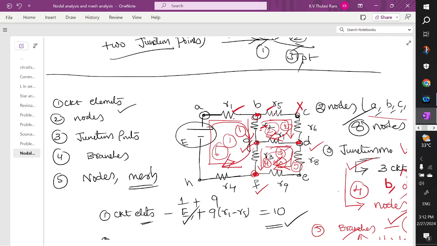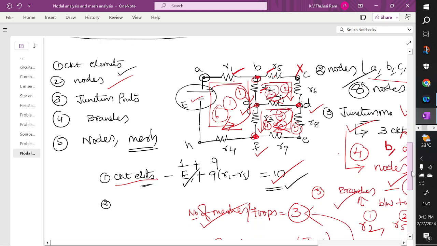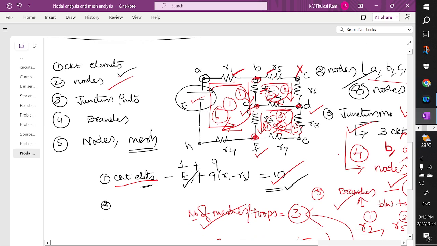So we already understood in this given network how many elements are there. One voltage source and 9 elements, so 10 circuit elements are there. How many nodes are there? A to H. We have 8 nodes. The red color marks are nothing but the junction points. How many junction points are there? 4 junction points.